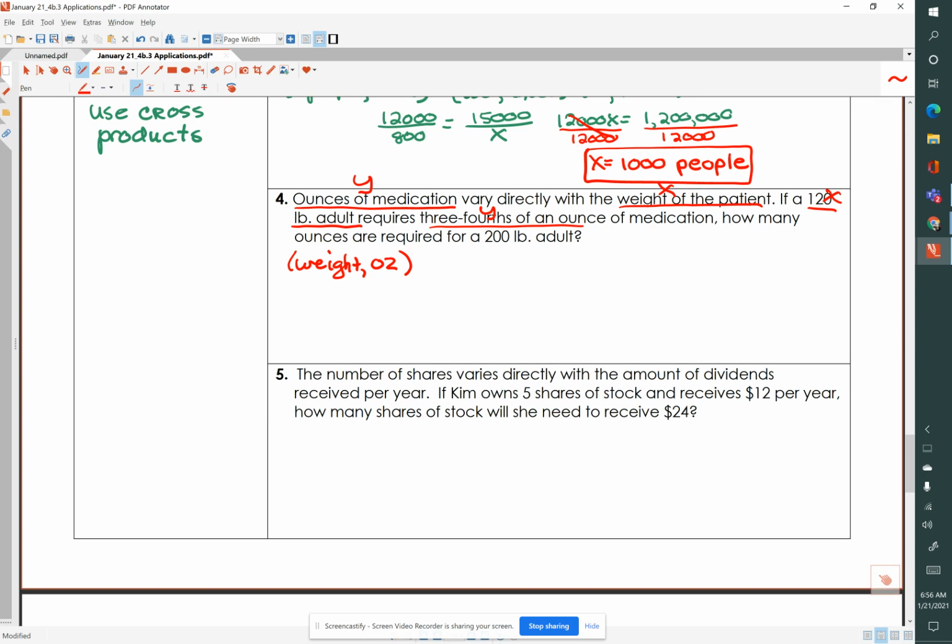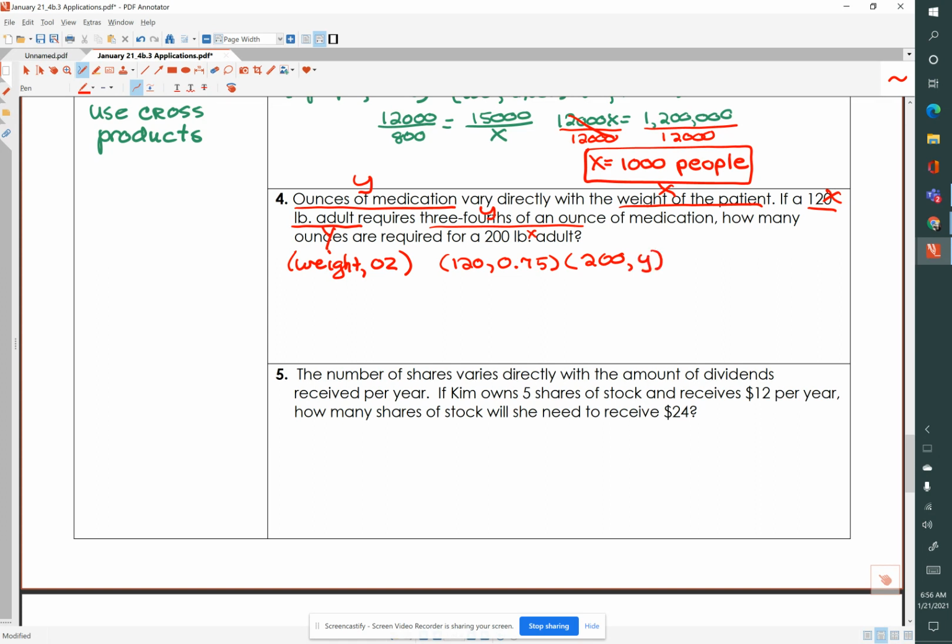Be careful when things are written like that. What is 3/4? It's 0.75. So we have a 120-pound adult, 3/4 of an ounce of medication. Okay, how many ounces? So this is going to be our missing Y, required for a 200-pound adult. That's our X. So we've got 200 and Y.